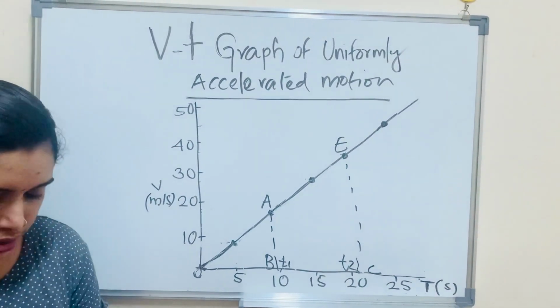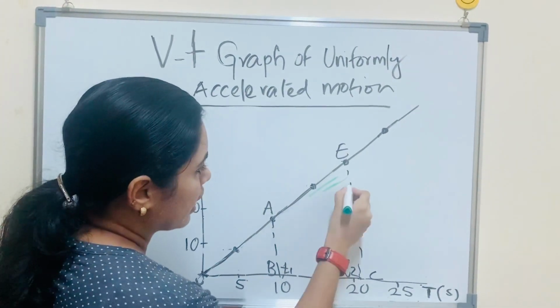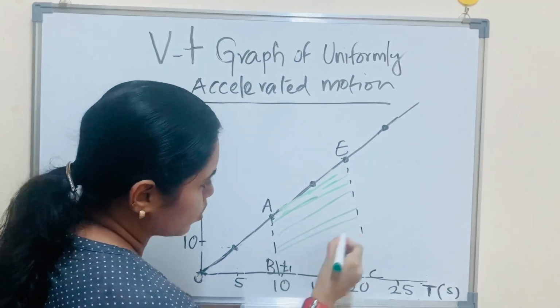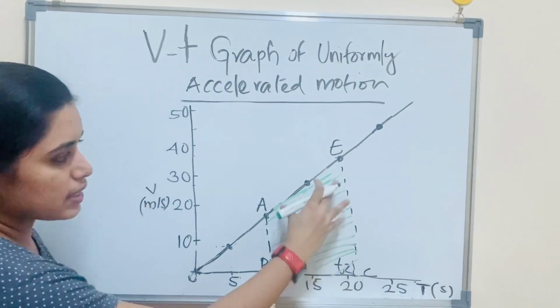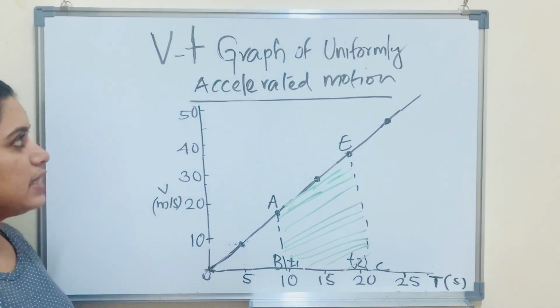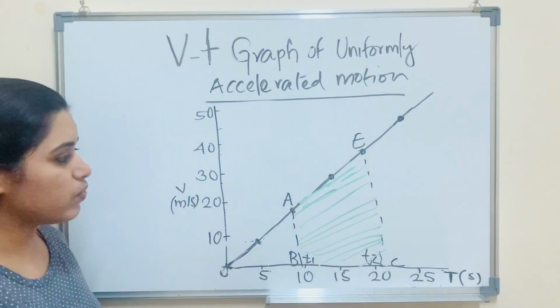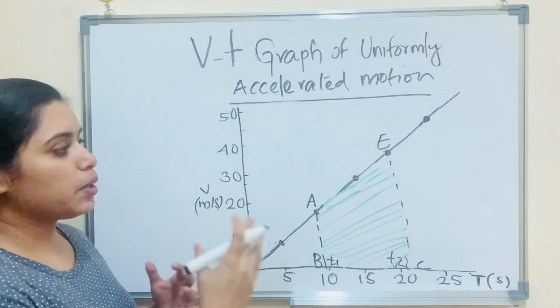Now, we are trying to find out the area of this shaded portion. If we find this area, we will get the distance. That is, the area under this velocity time graph will give the distance of that object in that particular interval of time.